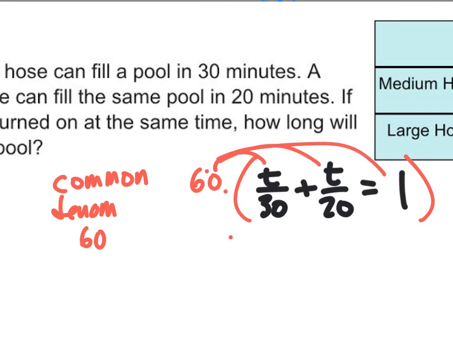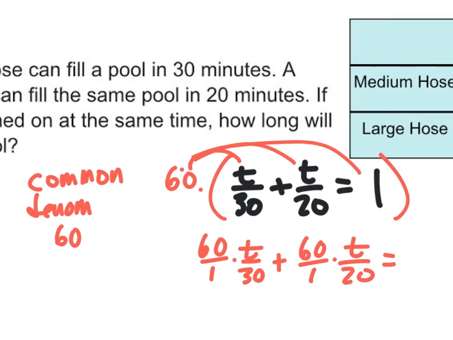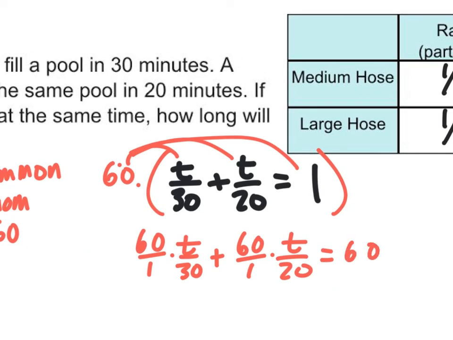So if I multiply this whole thing by 60 through, I get 60 over 1 times T over 30 plus 60 over 1 times T over 20, and that's going to give me 60 times 1, which is just 60. I can divide out the 60 and the 30 to 2 over 1, and that's just going to give me 2t.